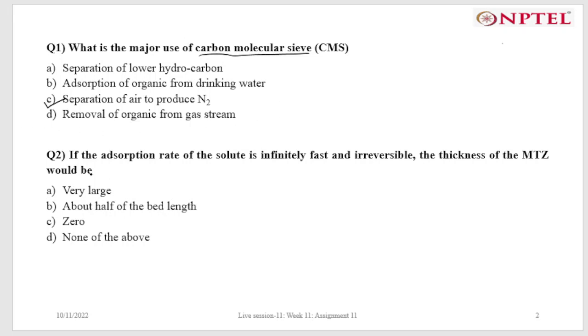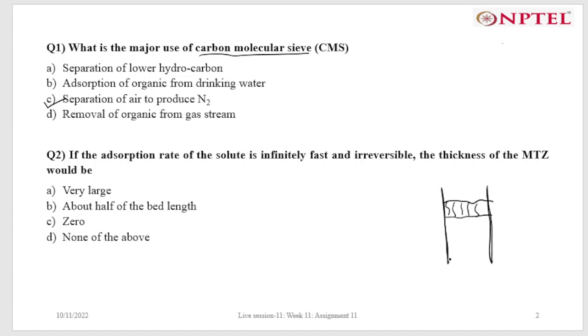Question 2. If the adsorption rate of the solute is infinitely fast and irreversible, the thickness of the MTZ would be. Here this is a fixed bed. This is an MTZ. MTZ means mass transfer zone.